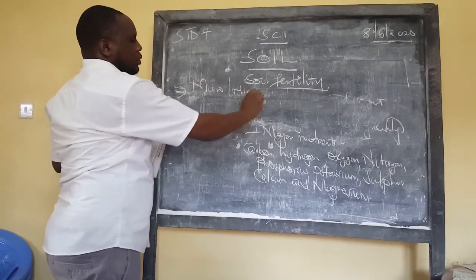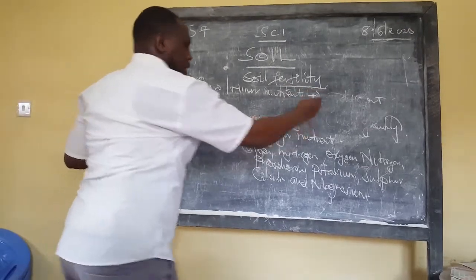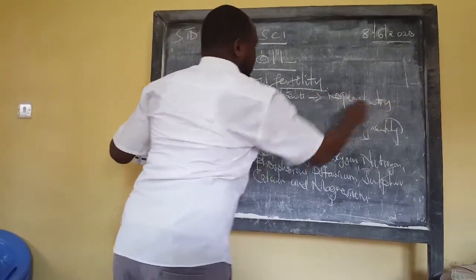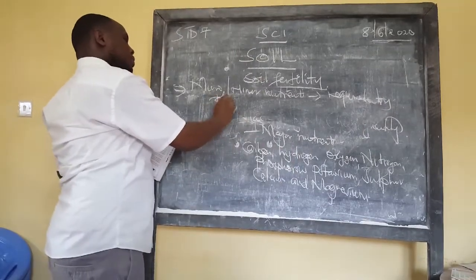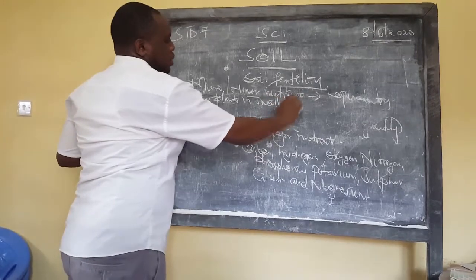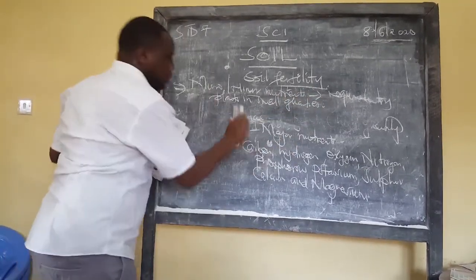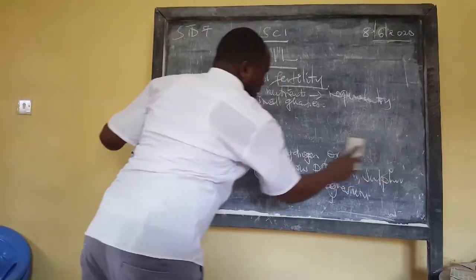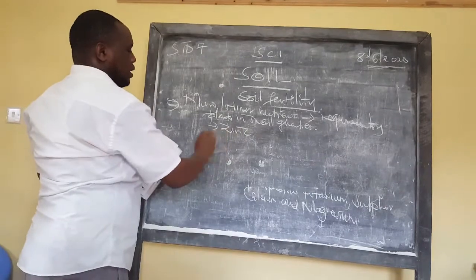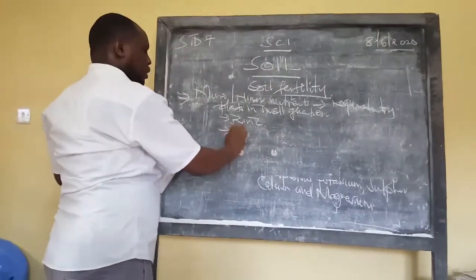Minor nutrients. And we can say these are required by plants in small quantities. They are only required by plants in small quantities. You can give examples of what we call zinc. We have molybdenum.